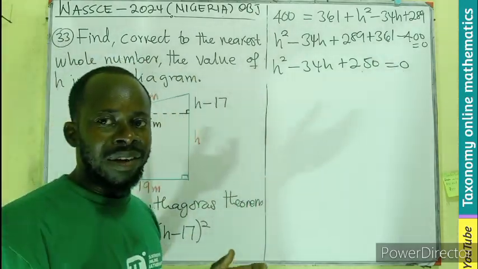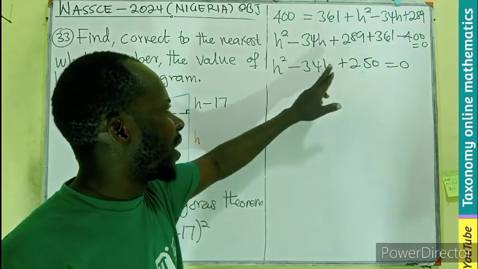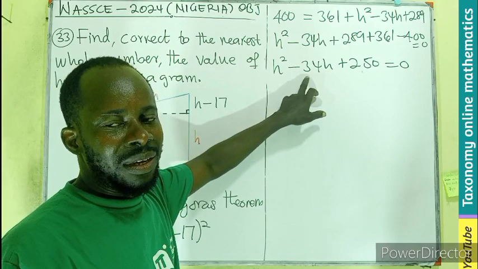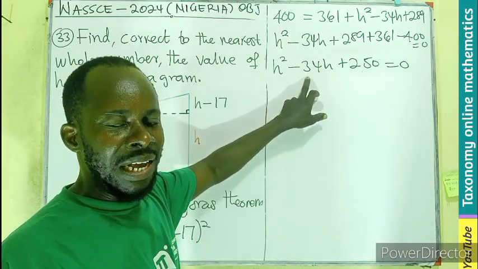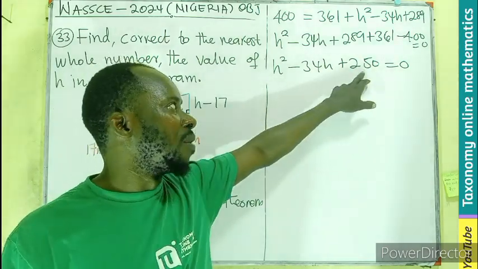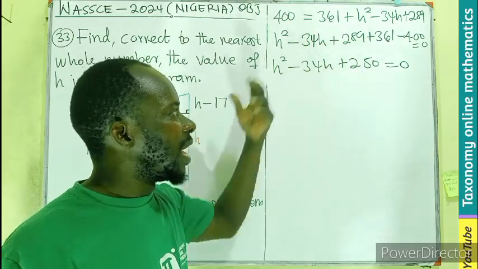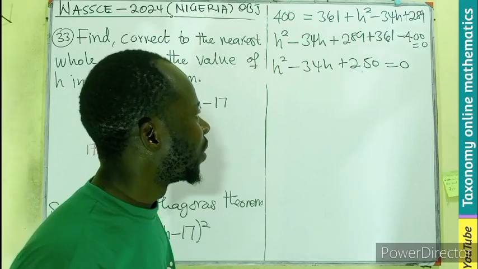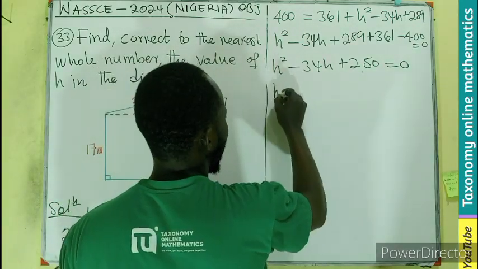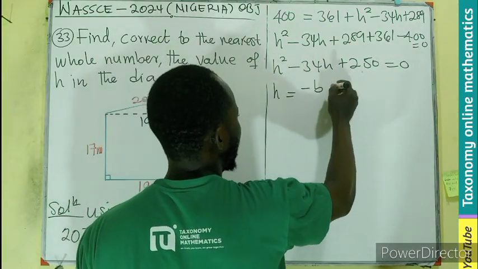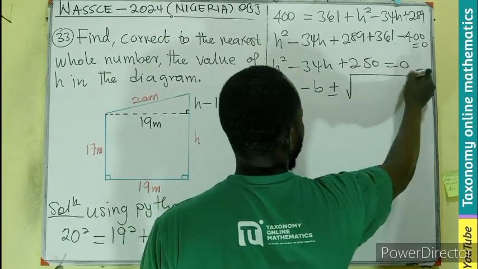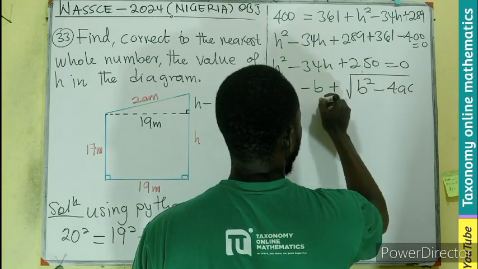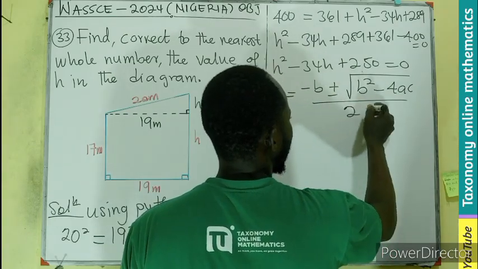So this is a quadratic equation whereby we need the factors of 250 which when added give us this. Those two factors must be negative in order to give us the sum of this, and we cannot find direct possible factors, so we can't use factorization. So let's say our h will be equal to minus b plus or minus the square root of b squared minus 4ac, divided by 2a.